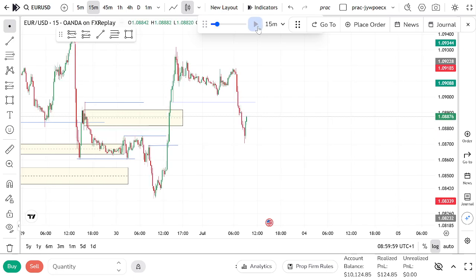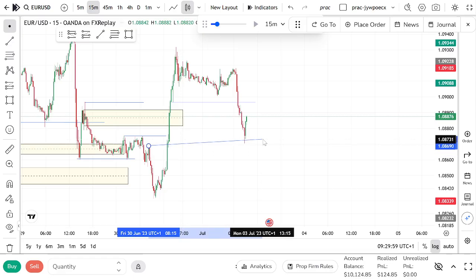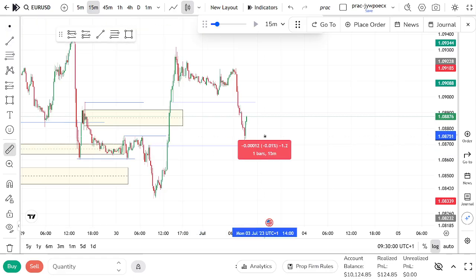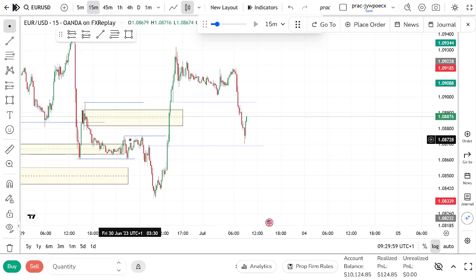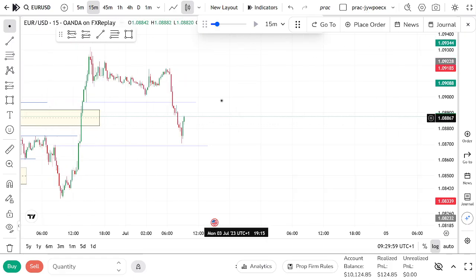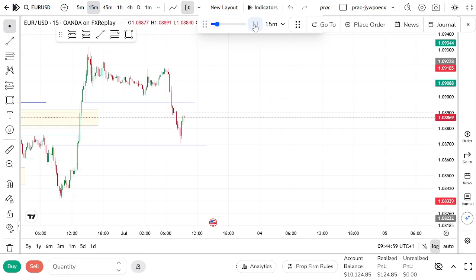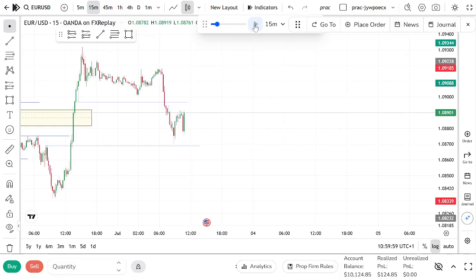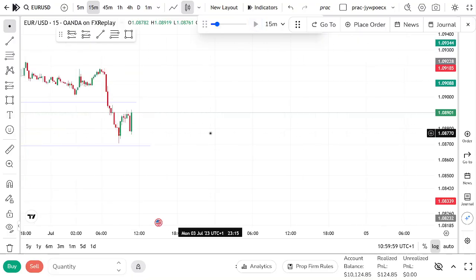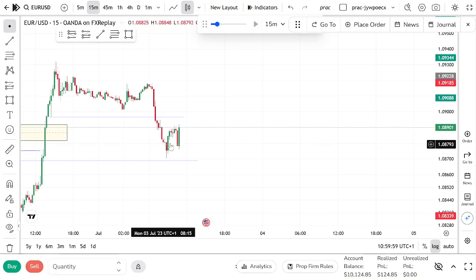Okay, price has dug into our discount level. Did it reach this level? No, it didn't reach here, but it has at least dug into this. Let's see if it will give us a change in state of delivery here that we can join. Okay, it has swept.